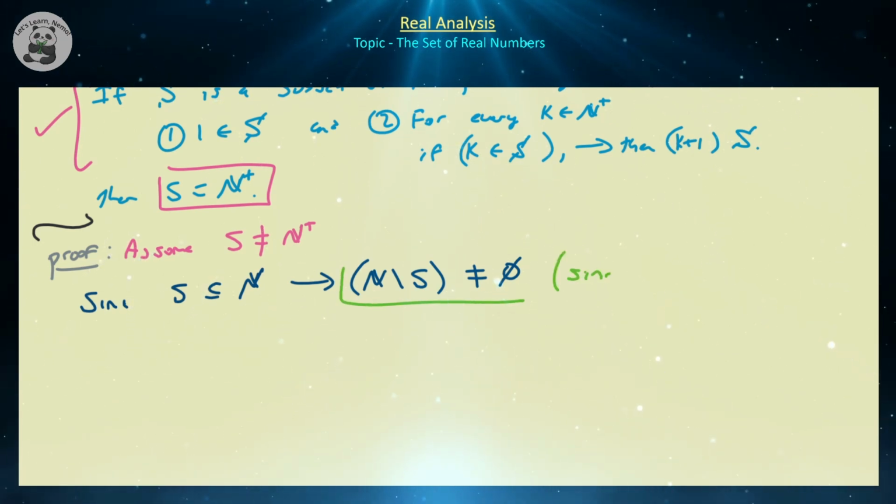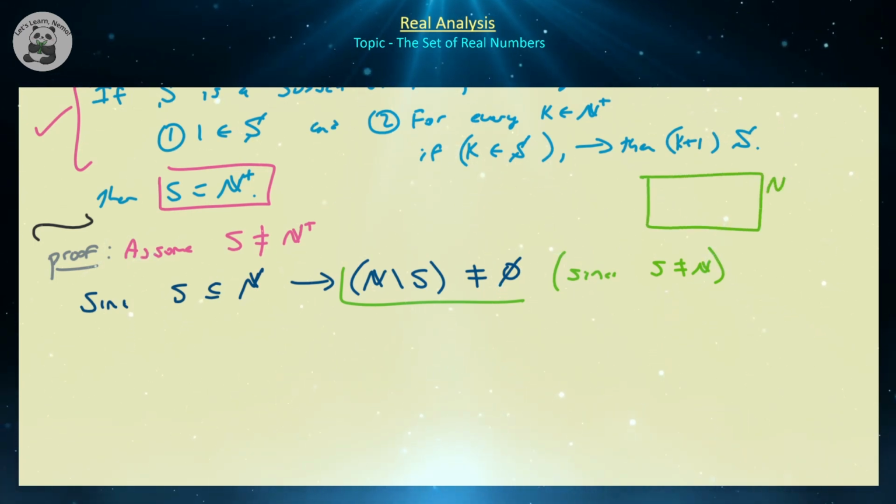This is because we're assuming that S and N are not equal to each other. So if S and N are not equal to each other, but S belongs to N, that means there has to exist at least one element x that's in the complement of S with respect to N, right? So if you take away S out of N, you should have at least one element there, right?